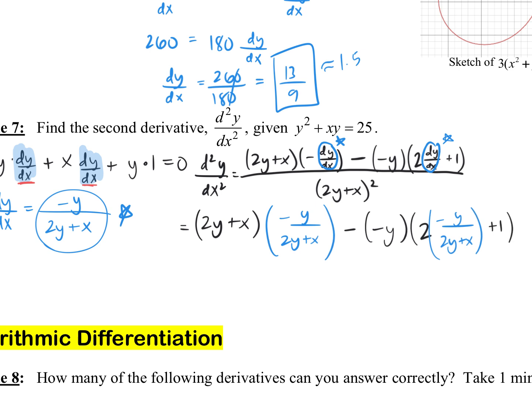Plus 1. It's really kind of nasty. This one should be positive, yes, because it's a negative negative. Good catch. And then all of this is being divided by 2y plus x squared.